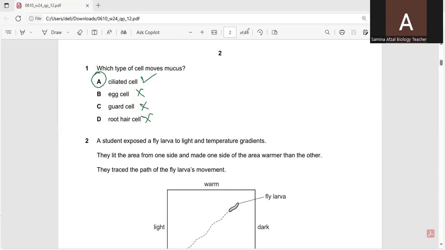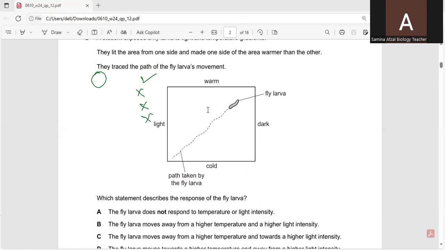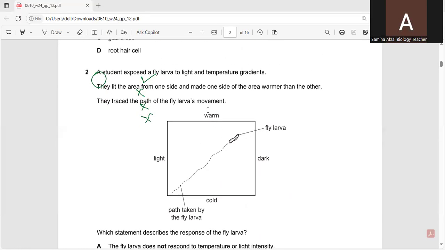And the second question is, a student exposed a fly larva to light and temperature gradients. They lit the area from one side and made one side of the larva warmer than the other. So this will be the warmer.